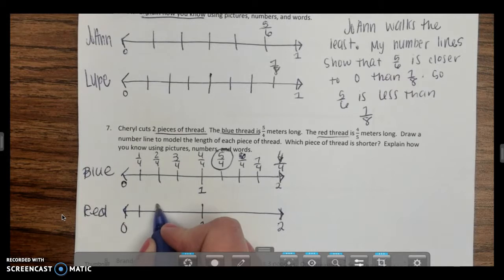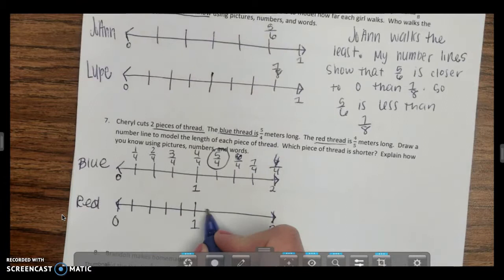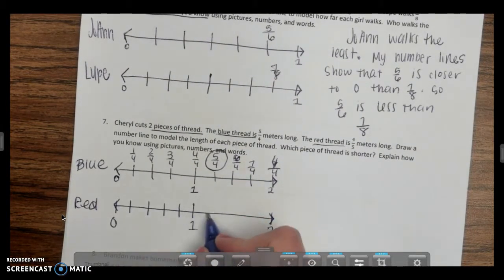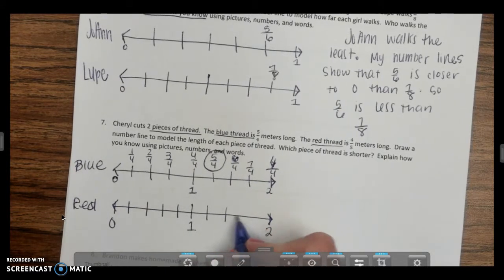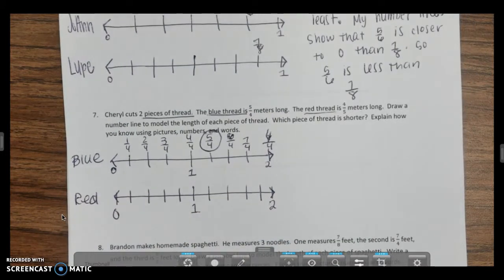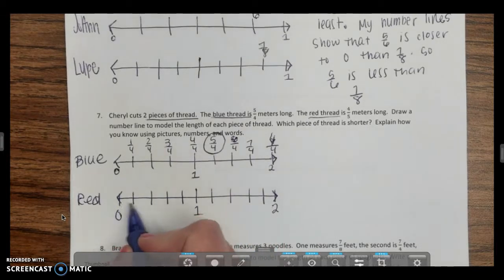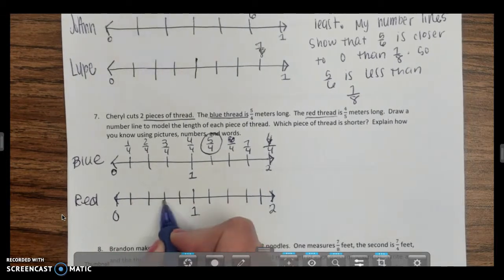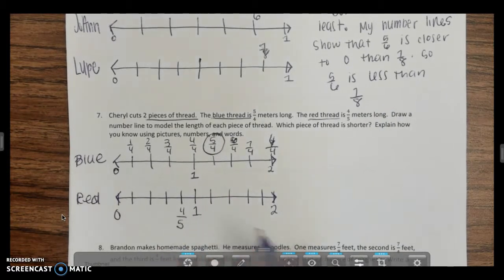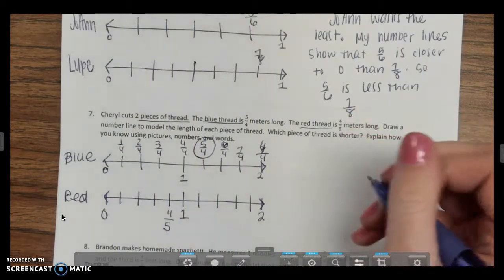One-fifth, 2/5, 3/5, 4/5, 5/5. Okay. Now I'm going to plot my 4/5. Not fourths. I have 1/5, 2/5, 3/5, 4/5. So I go right here. It's 4/5. So look, my blue thread is longer, which means red is shorter.